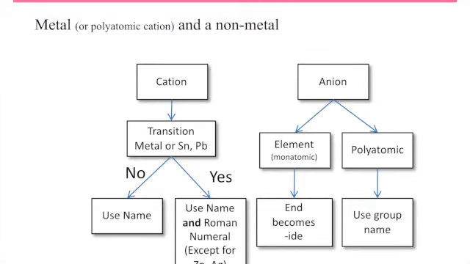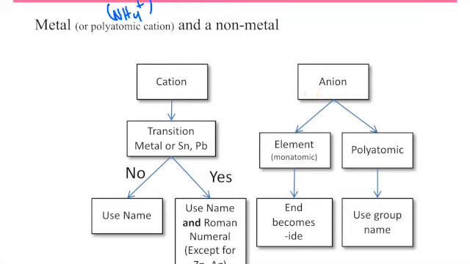If you look at a compound and the first element is a metal, or you see the polyatomic cation, which we know is ammonium, and a nonmetal, you're going to be naming an ionic compound. You name the cation first, followed by the anion.